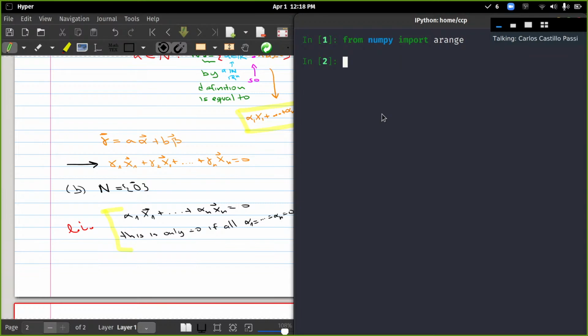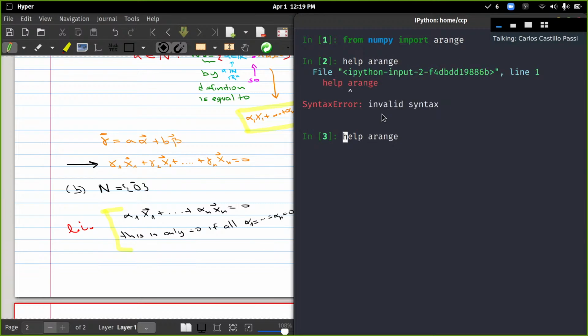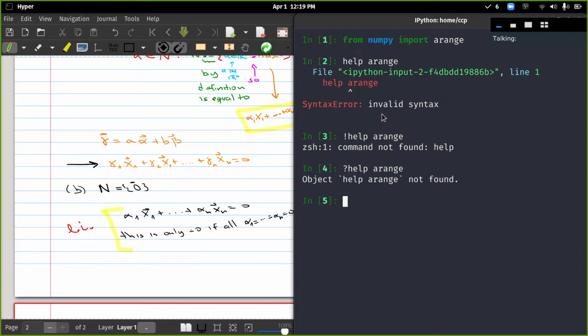I forgot how to use arange. Let me see. Help. Sorry. Let me see how to use it. Help. In Python. Arange has double R.